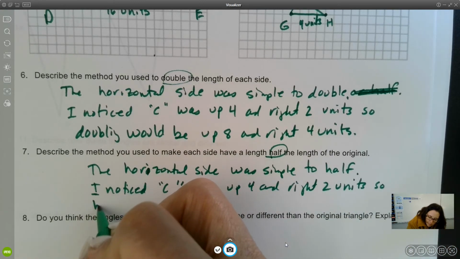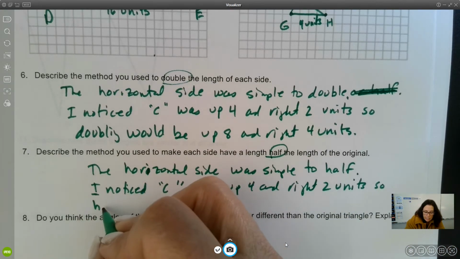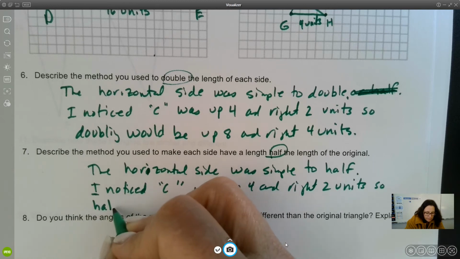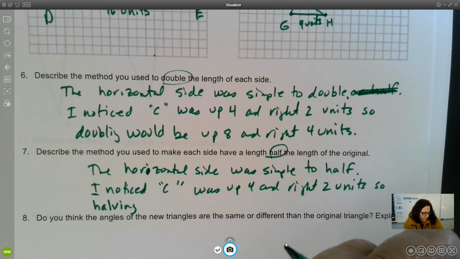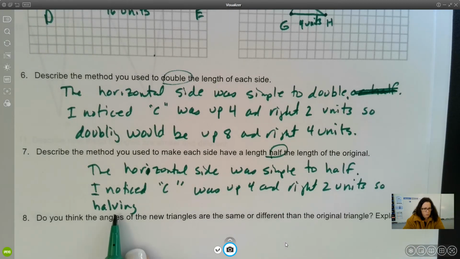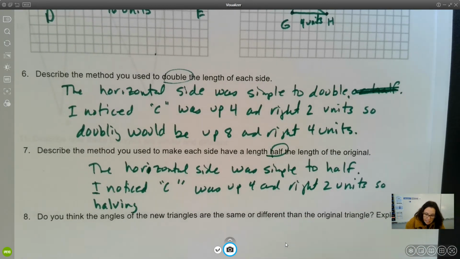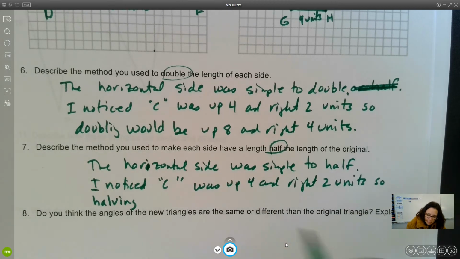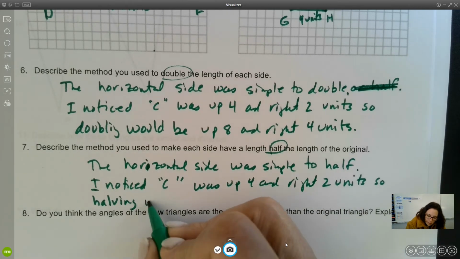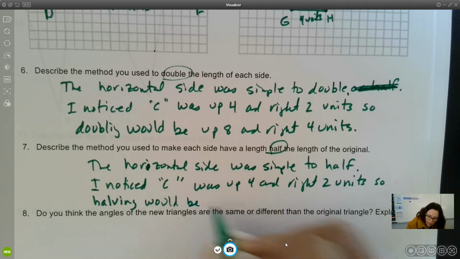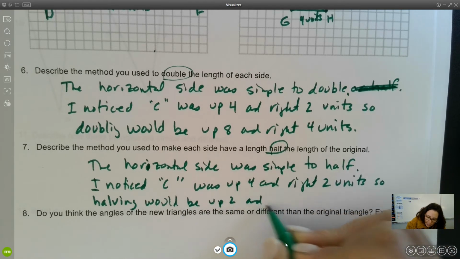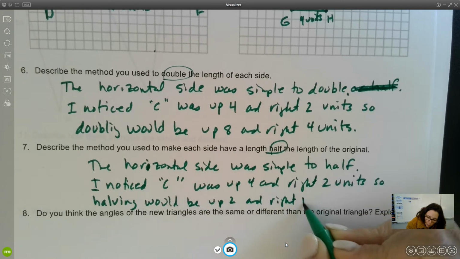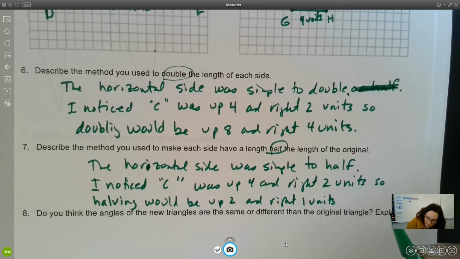So halving, taking half of, I don't know if that's a word, but you get what I mean. So halving would be up 2 and right 1 units.